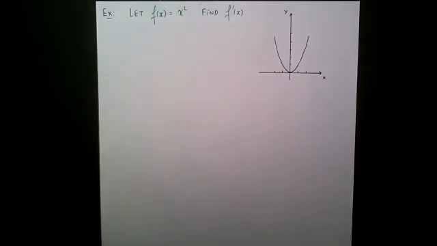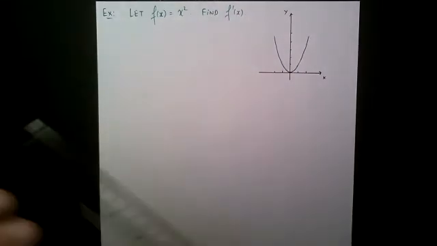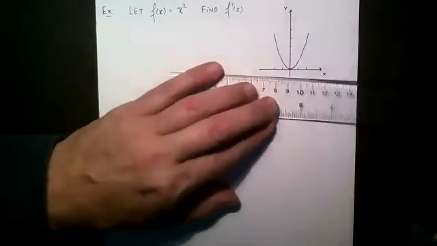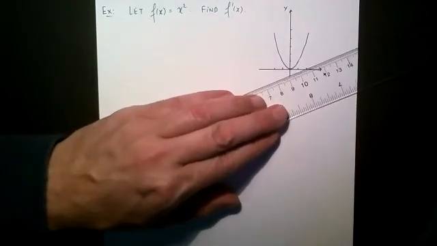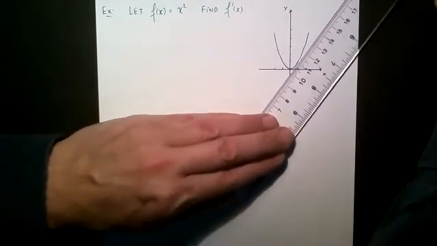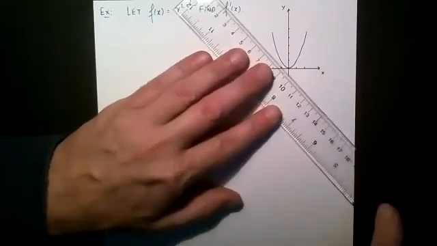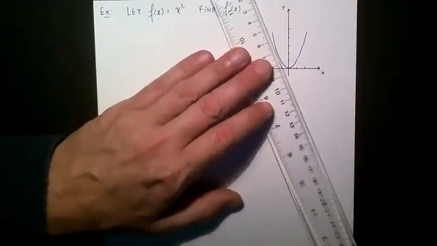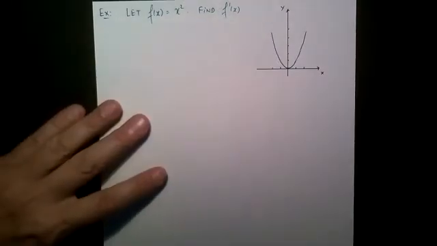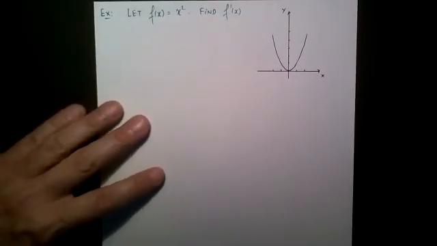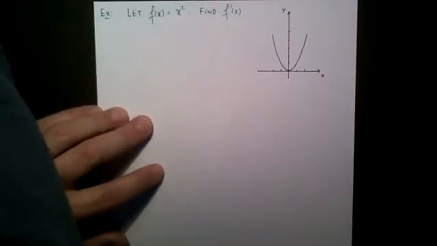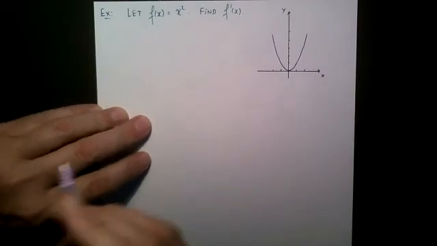So there's a parabola. And as you see now, depending on the x, the tangent will be different. The tangent will have a different slope. So let's do this one, and then I'm going to give you a few to do on your own.